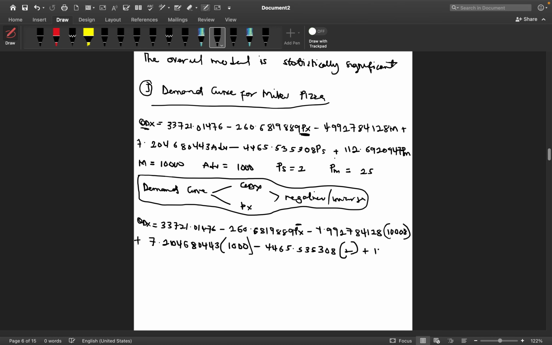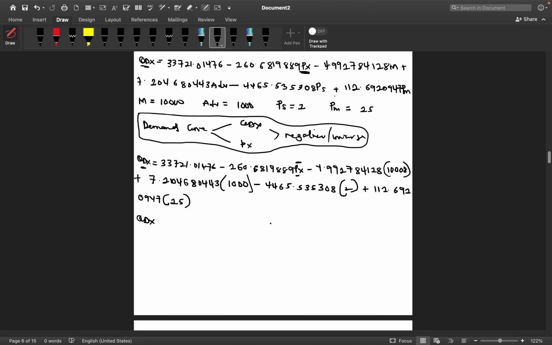Plus 112.692094 Pm. Then Pm in the question was 25. Take note, we maintain this QDX and also maintain PX because of the definition of the demand curve. We want the relationship. So now we will sum all the numbers together.